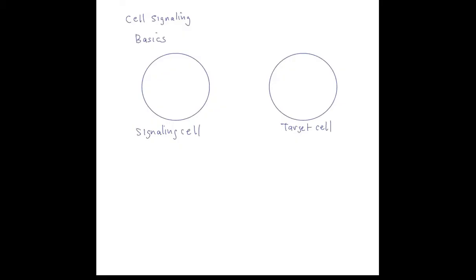So a signaling cell is going to be releasing a signal, and we're just going to make it a circle for now as a cartoon, and we're going to call that a signaling molecule. Now, a signaling molecule can be a number of different things. For example, it could be a peptide.